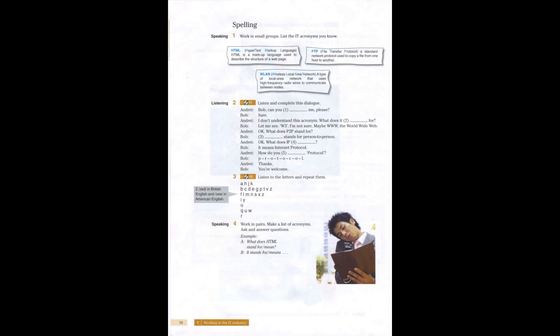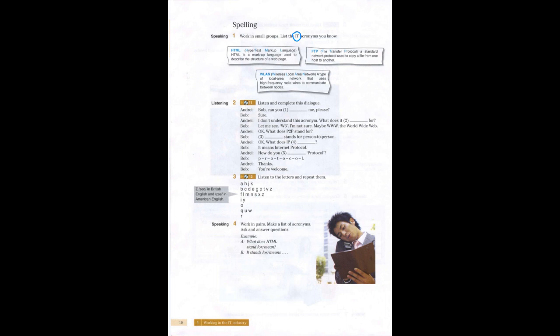This is about spelling. Work in small groups, list the IT acronyms as you know. I have just talked about IT. I told you this IT is an abbreviation of information technology.